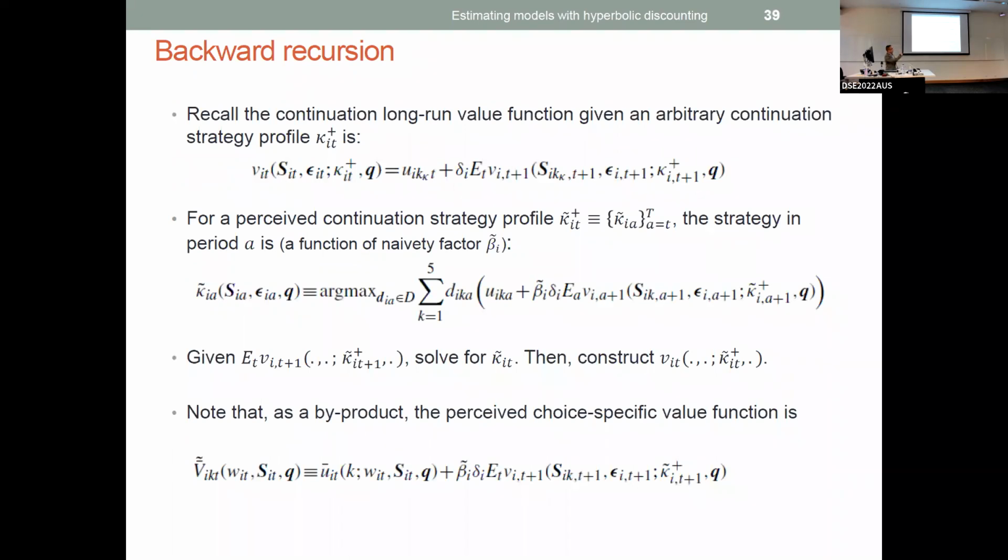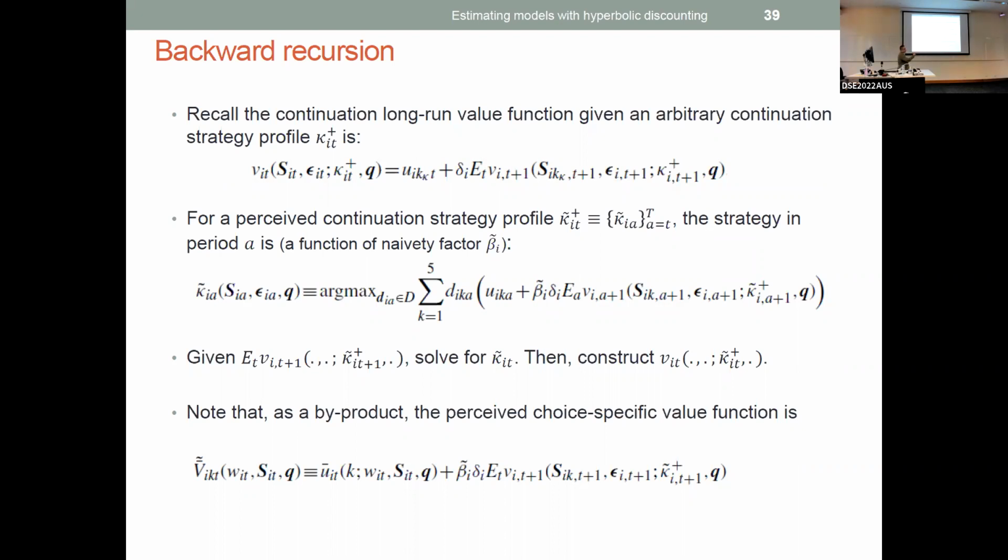And this is how the backward recursion was done, which is basically similar to the slides about the identification. So recall the continuation long-run value function given an arbitrary continuation strategy profile, kappa plus.